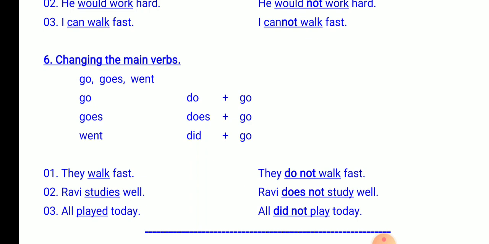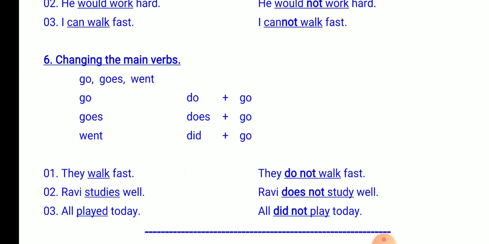The first thing is, you must split the word go as do plus go and then add not after do. Thus, the negative of go is do not go.